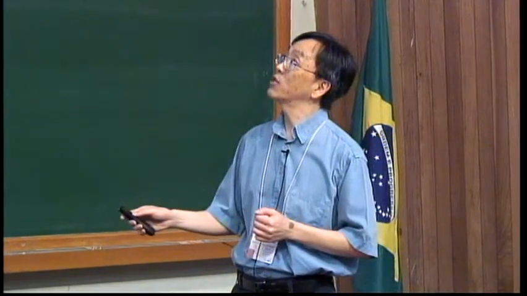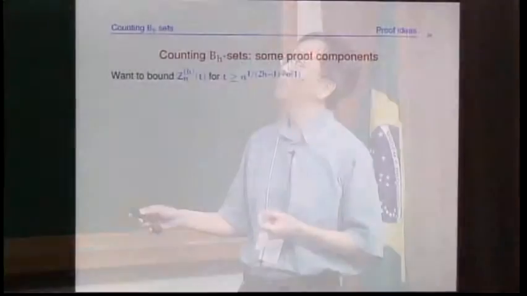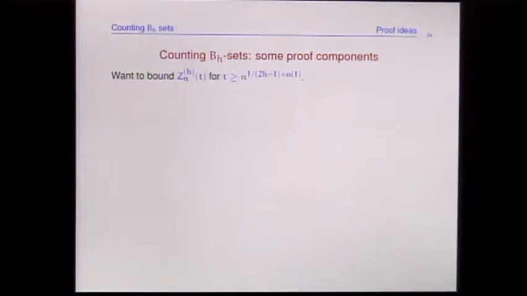We are interested in these quantities, the number of BH sets with T elements, where T is at least this. Good. Proof strategy. We start with some set S of appropriate size. I will soon say something about the size of this set. This is some seed set; that's how you start to grow your BH set. And we want to know in how many ways you can grow it.